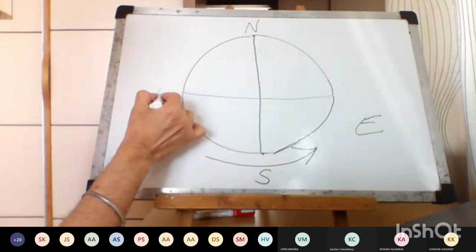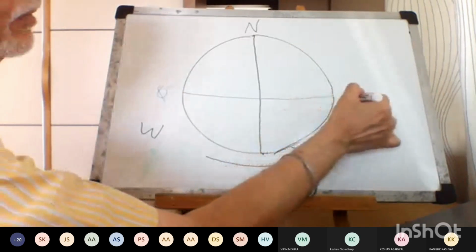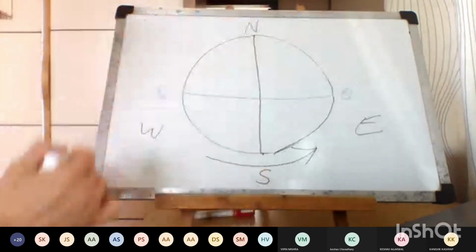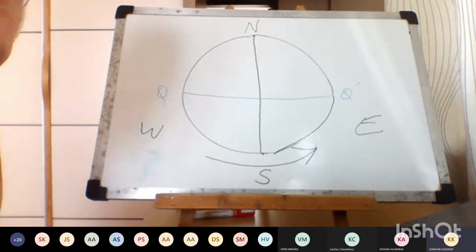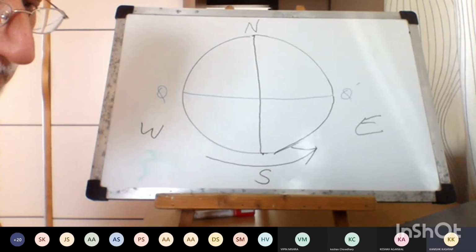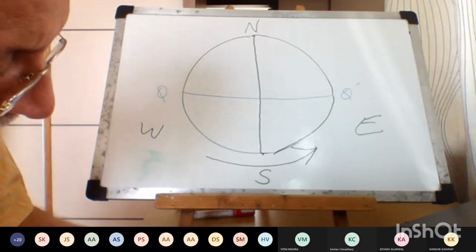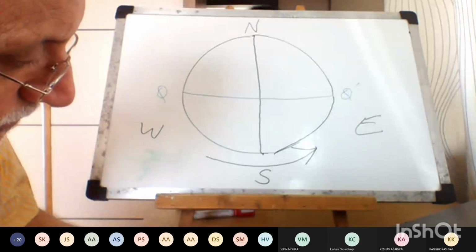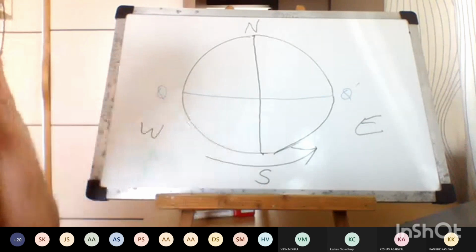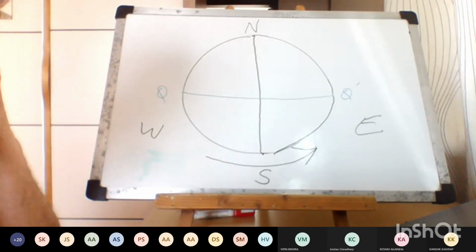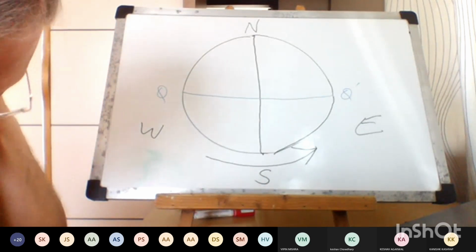What is this line which I have drawn? Sir, equinoctial. Pardon? Equator, sir. Equator. Yeah, somebody said equinoctial. Did somebody say equinoctial? Yes, sir, Ganesh.